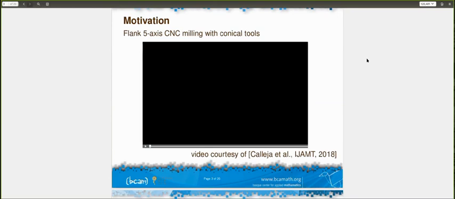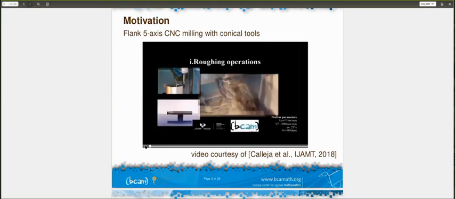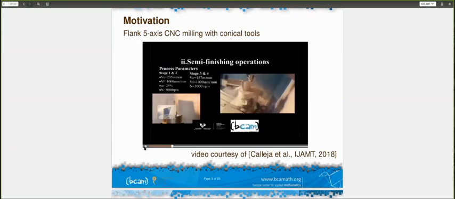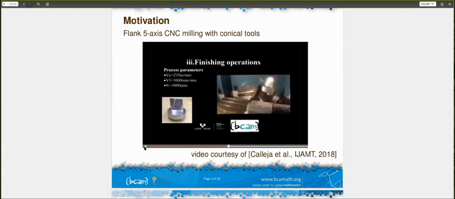As a motivation, I want to show a video here. The first step in machining is a roughing procedure that is faster with lower accuracy. The second step is semi-finishing. You can see the tool is moving around the workpiece with some acceleration and deceleration, and there are many variations in terms of jerk, I mean the derivative of the acceleration.